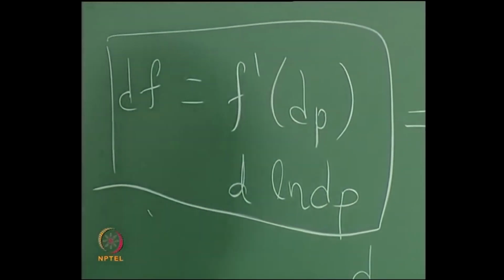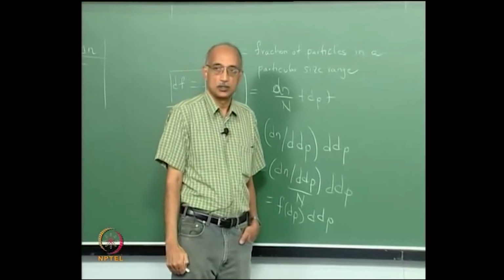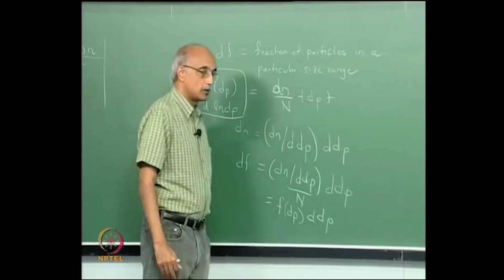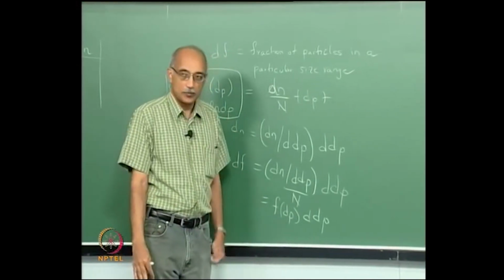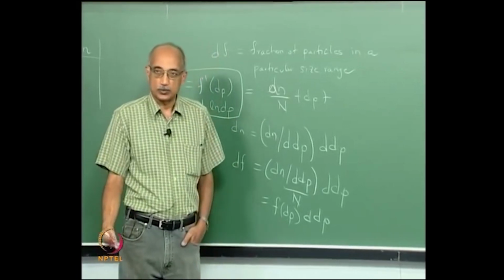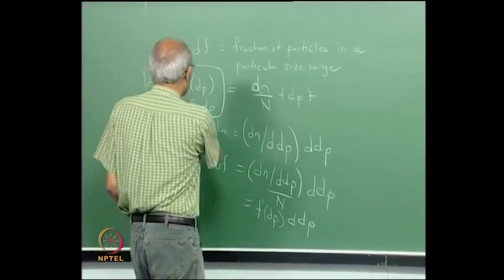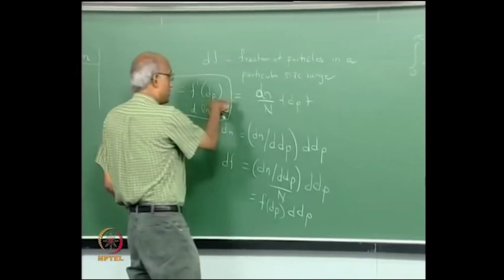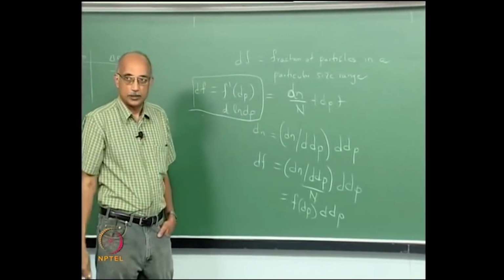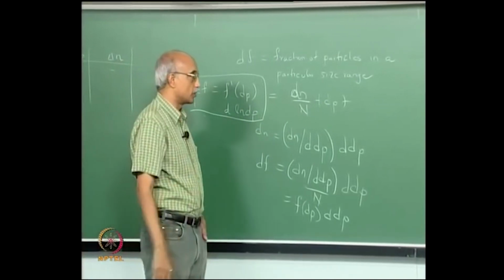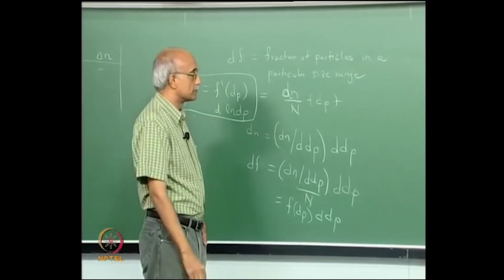So, you would use this formula essentially for a normal distribution, and you would use this formula for both a log normal as well as a power law distribution. And in that case your integral of df would still equal 1 whether or not you are dealing with a normal or a log normal distribution.